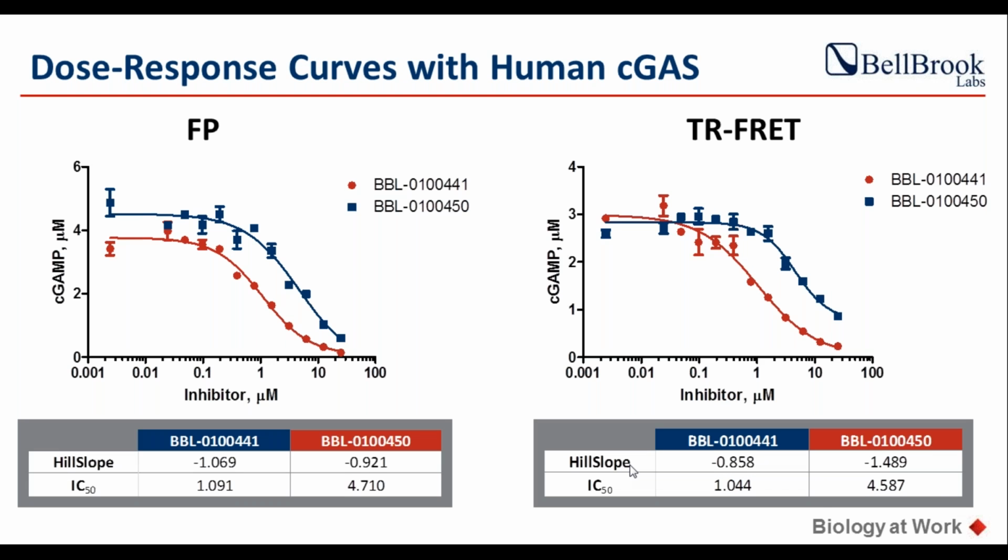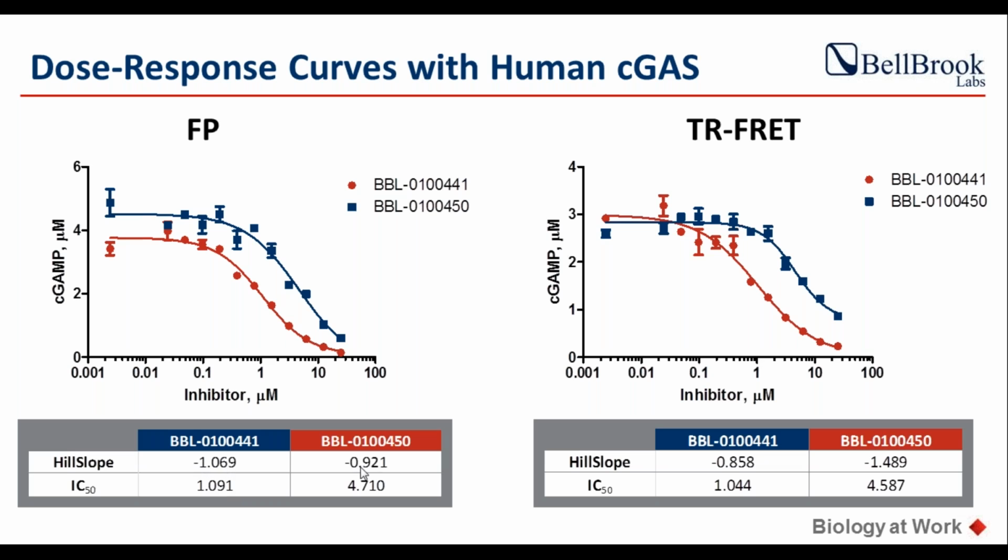Since then, for our internal program, we have done several big screens and identified some compounds. Here are some dose response curves comparing the FP and the TR-FRET assay. Both these compounds give a decent Hill slope close to 1.